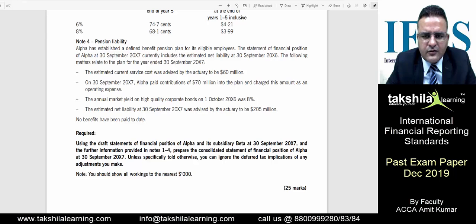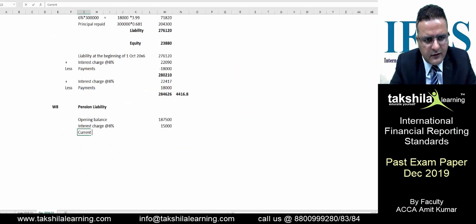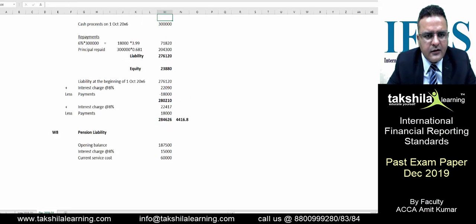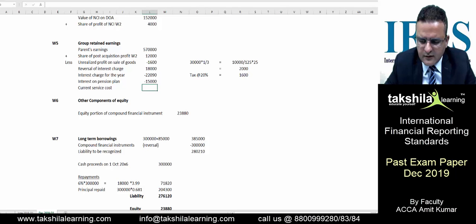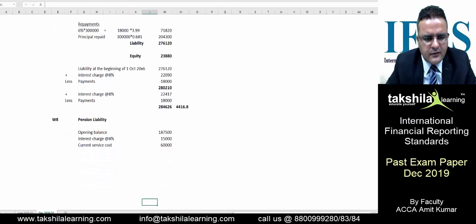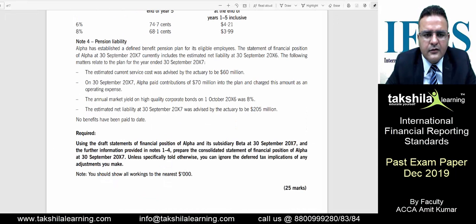And there is current service cost of 60 million, which also increases the liability. Current service cost to be charged into P&L, 60,000. Alpha paid contributions of 70 million into the plan and charged this amount as an operating expense.